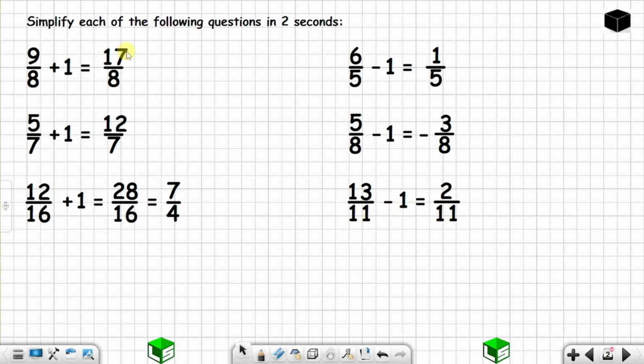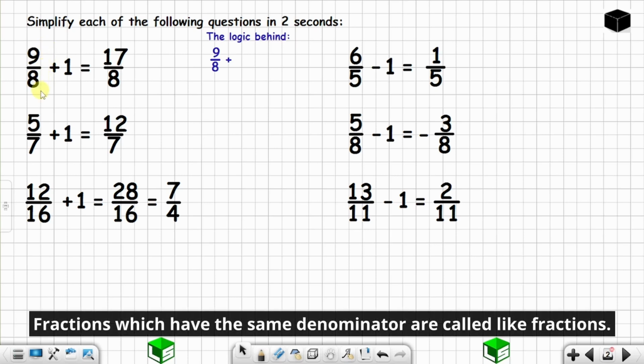Now, the logic behind this. When you have 9 over 8 plus 1, I can change the 1 in such a way that I have like fractions.